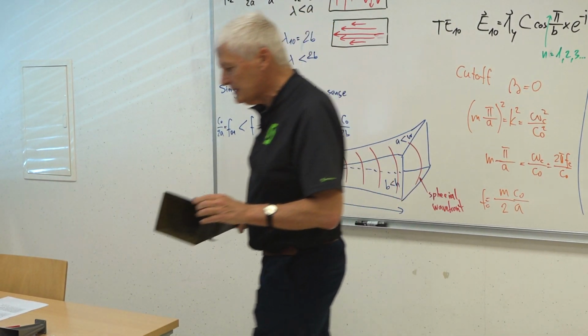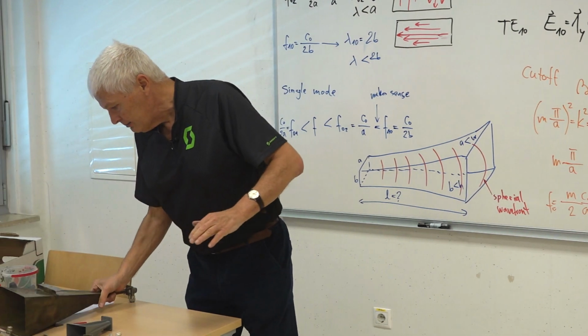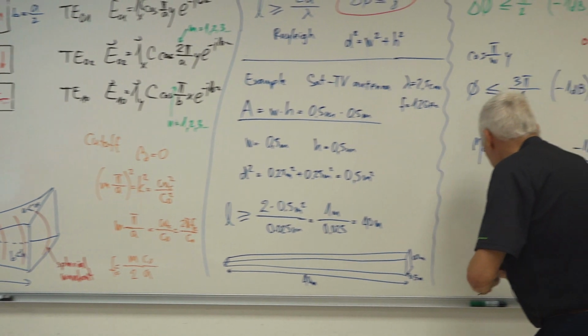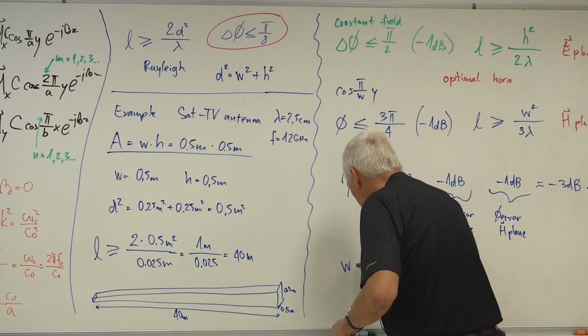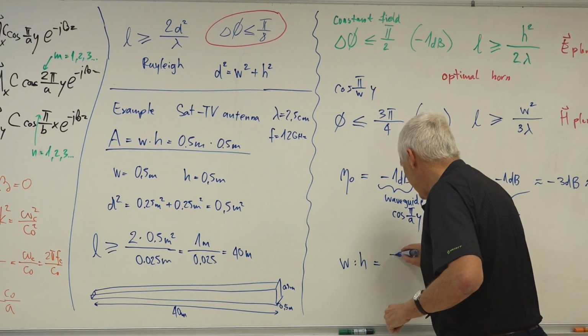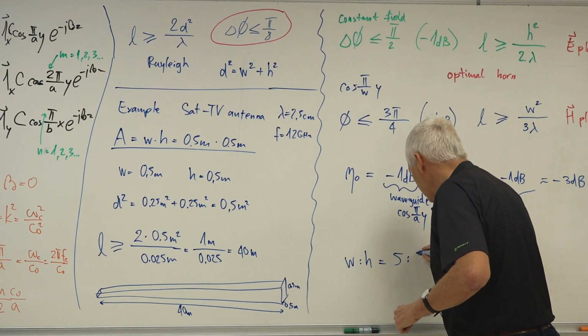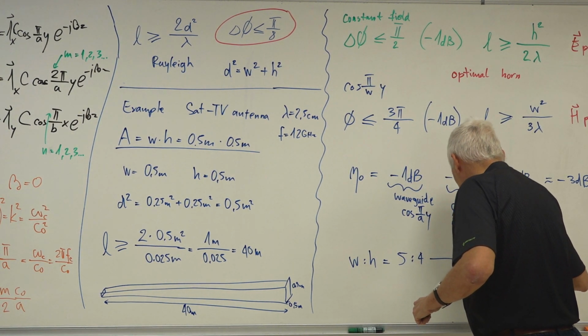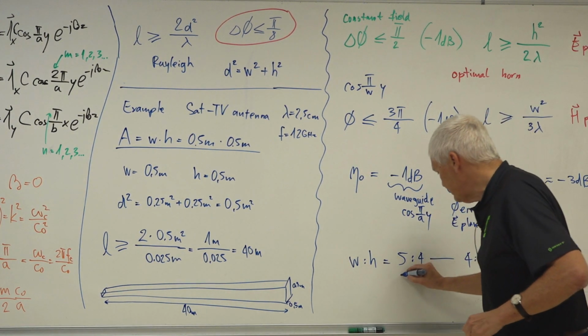The ratio of the sides of the horn, W towards H, may range from 5 to 4 up to 4 to 3. So this is the optimum horn.